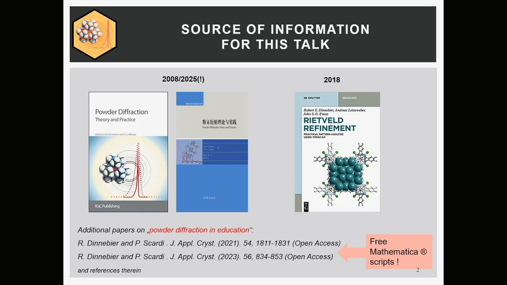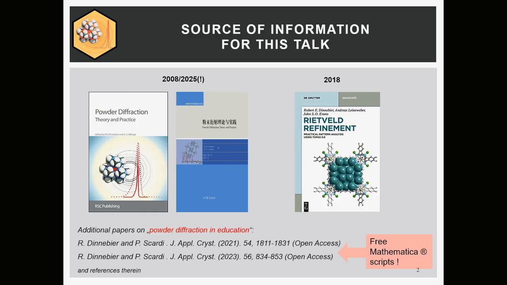The interesting part is that you can download free Mathematica scripts where you can try out all the things explained in the papers. You have this special feature in Mathematica with sliders, so you can change things. You have seen one of the scripts by Paolo this morning, where he showed how to transfer the scattering to the TDS.